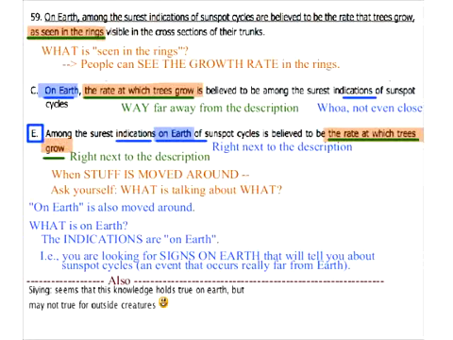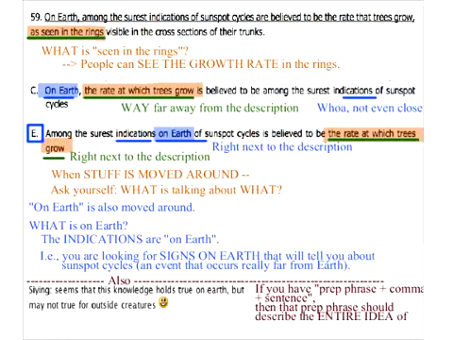If you have prep phrase plus comma plus sentence, then that prep phrase should describe the entire sentence, the entire idea of the sentence. So this is really, really important.